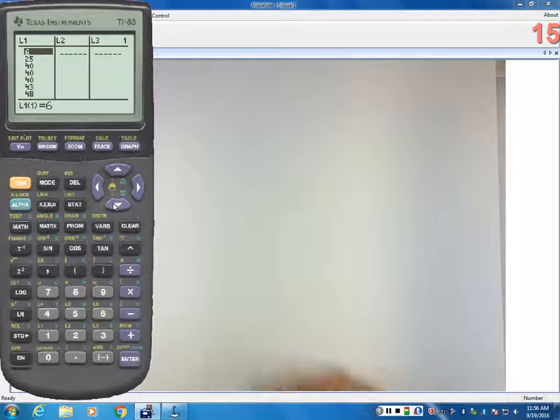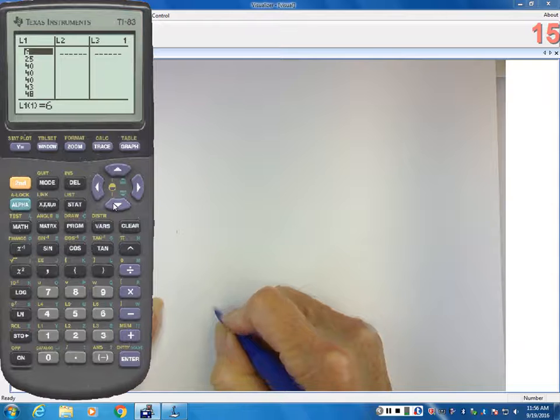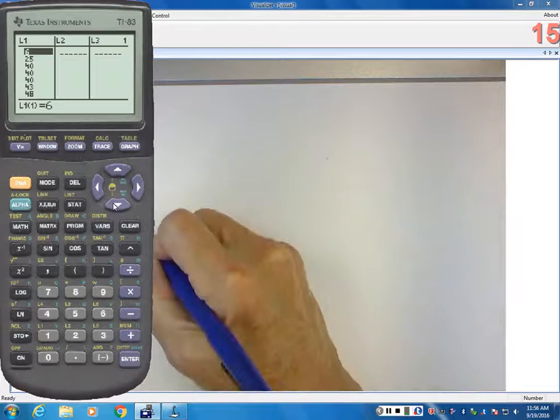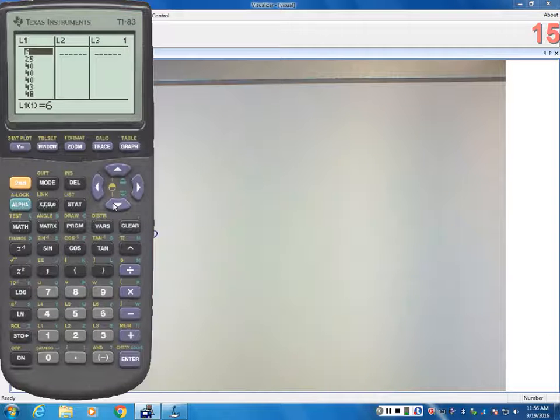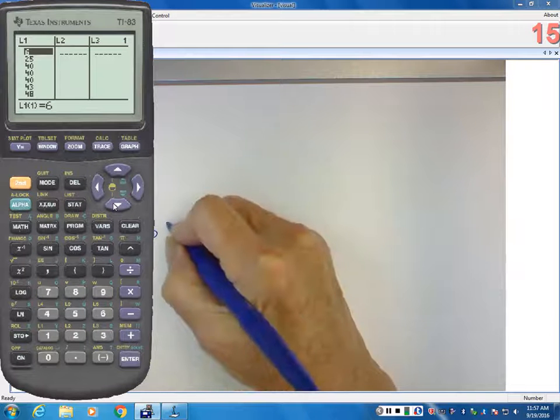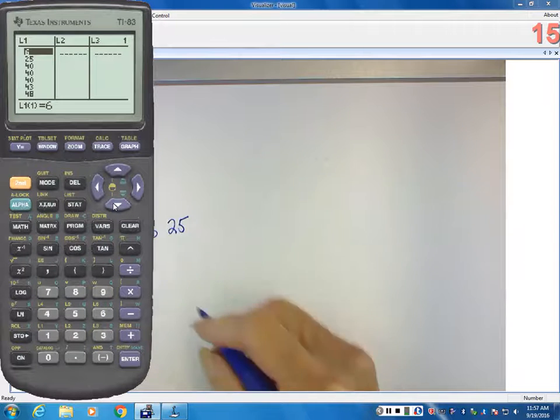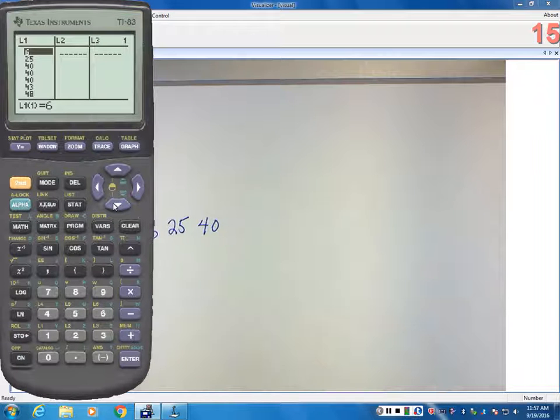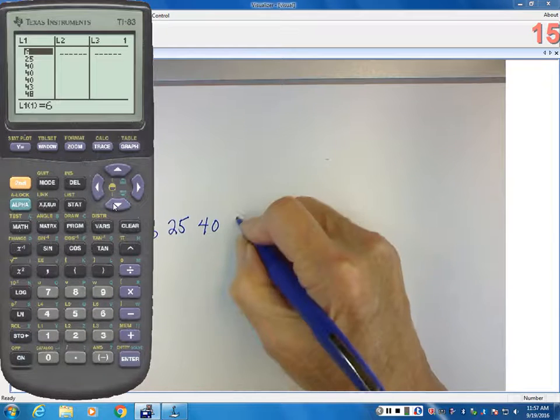We're going to start out with the 6. Let's see, let's go this way. We'll start out with the 6, and then 25, and then 40, and then we have 2 more 40s.